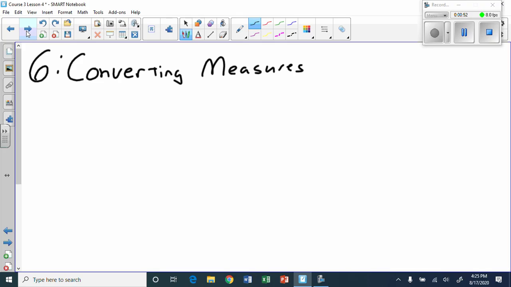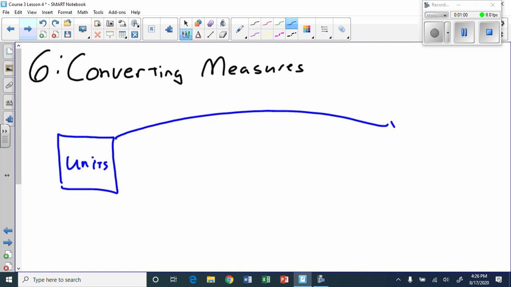So the simplest way to look at this is if I have a measurement over here in units, and I want to change that into a different kind of unit. Maybe I want to change from Celsius to Fahrenheit, Fahrenheit to Celsius, or I want to change it from feet to inches, or inches to feet, or miles to whatever we want to change them into.